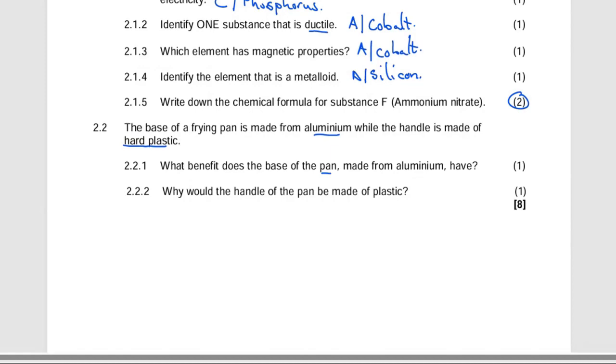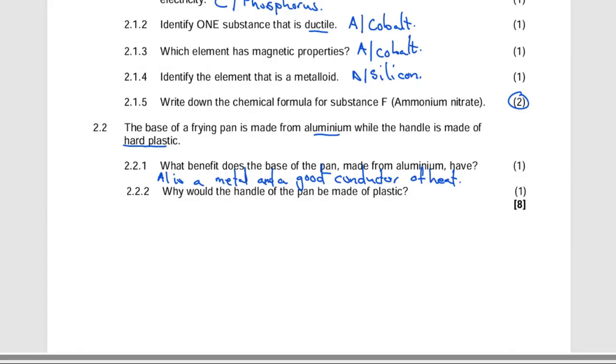Al is a metal and a good conductor of heat, like that. So that's our answer for the first one. It means it allows heat to easily pass through it.